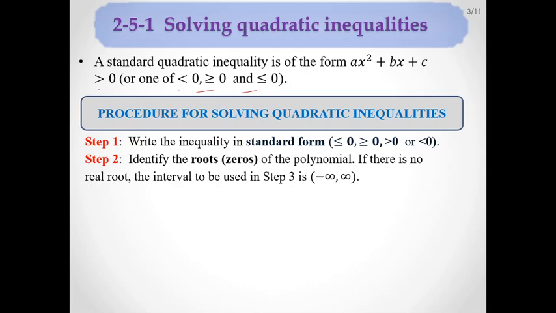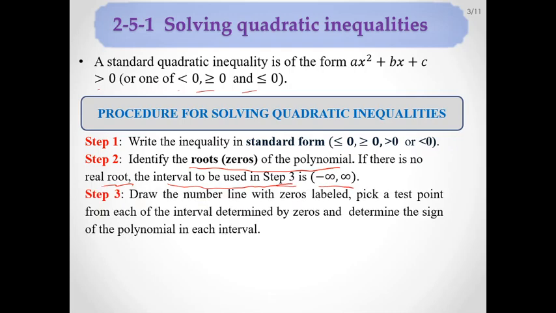Then you will find the roots of this polynomial, and if there is no real root, the interval used in step 3 is all real numbers, the real line, negative infinity to infinity.